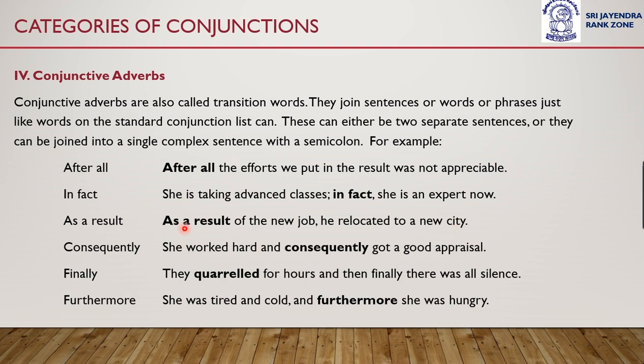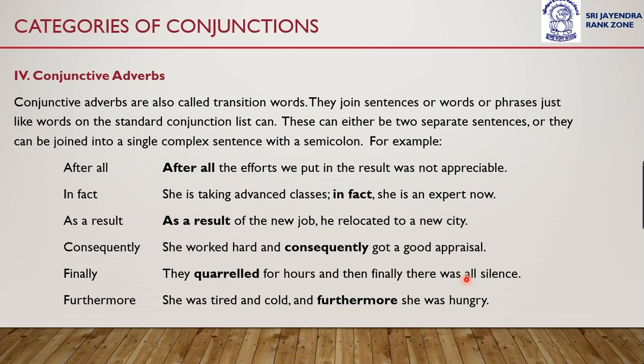"As a result" is a conjunctive adverb in this sentence. She worked hard, consequently got a good appraisal. "Consequently" is a conjunctive adverb which is helping her hard work transition into a good appraisal. Okay. Finally, they quarreled for hours and then finally there was all silence. So "finally" is a conjunctive adverb which is combining their quarrel for hours with all silence.